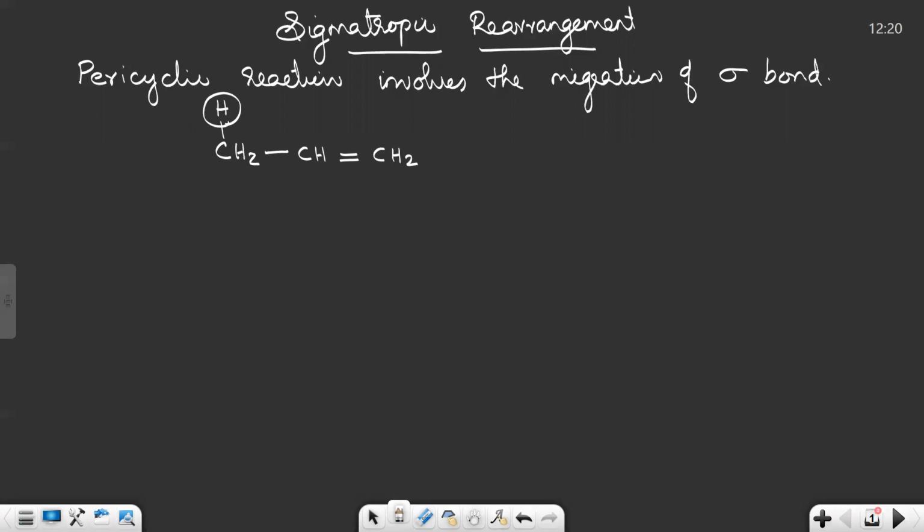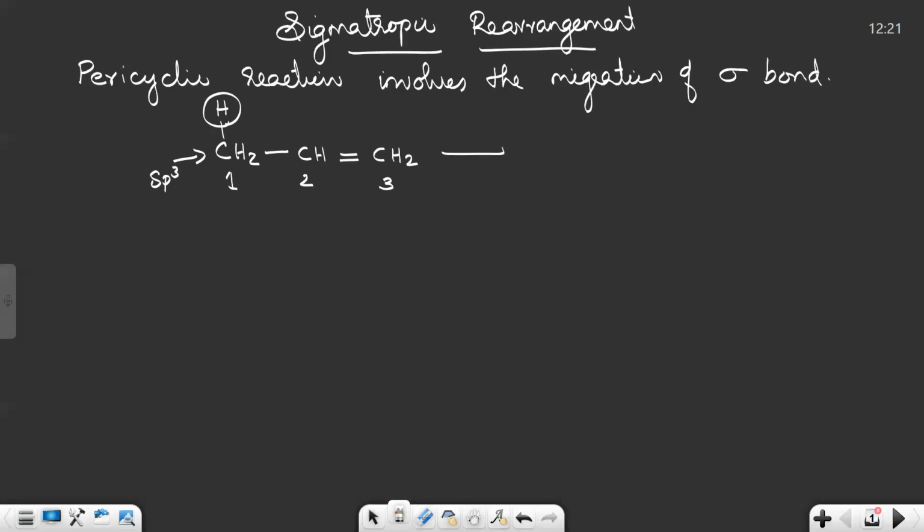For explaining the sigmatropic rearrangement, we need to number this compound. So always put carbon number 1 to the saturated carbon here, then continue numbering 1, 2, 3. This one is a saturated or sp3 hybridized carbon, and other carbons are sp2 hybridized.